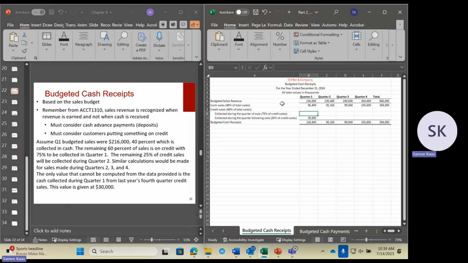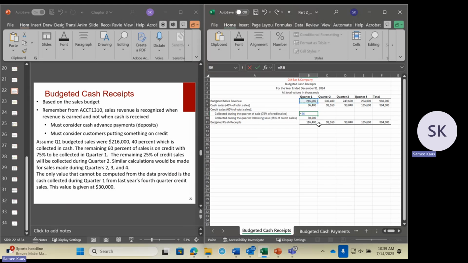It tells me that of the 60% that's left over, I still am collecting some of that in the quarter. That means I made a sale to somebody in January and they still pay me within Q1. They just pay me in February, right? So I collect 75% of the remaining 60% in the same quarter.